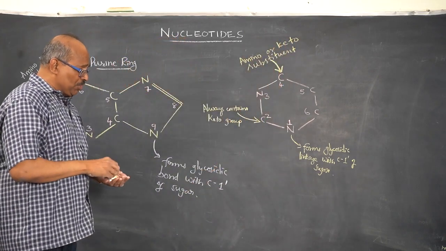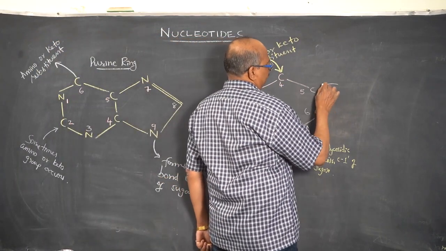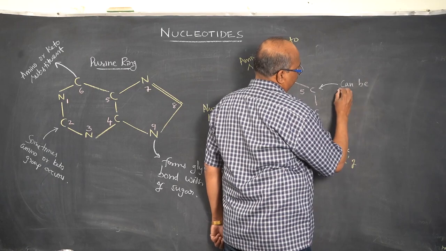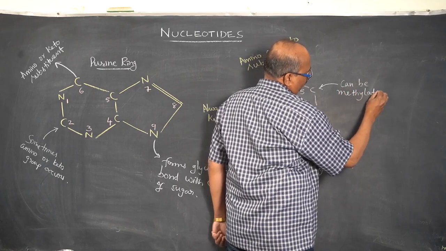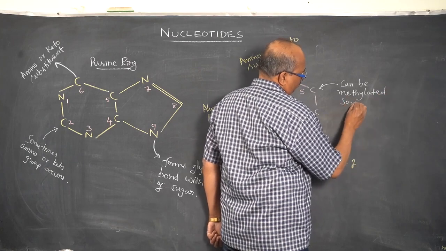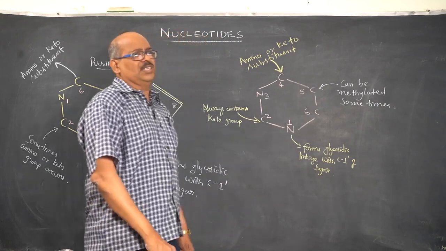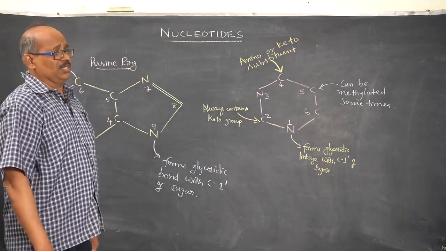Then the fifth position can be methylated sometimes. So we have thymine, for example. It is methylated uracil. You have 5-methyl cytosine.